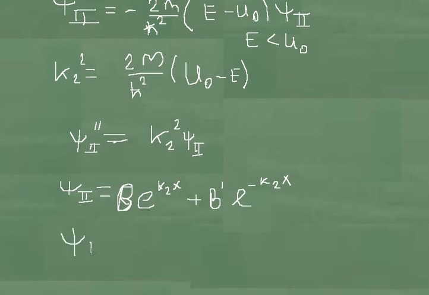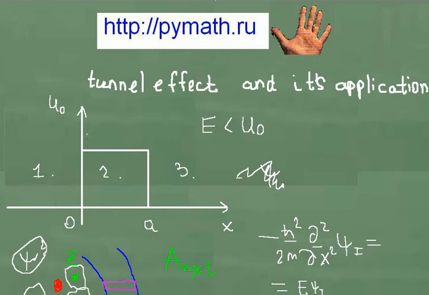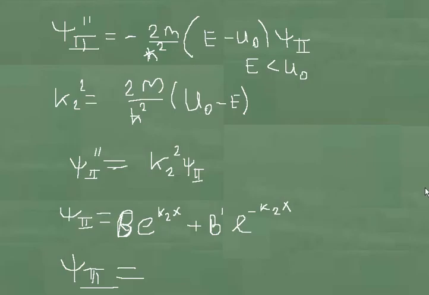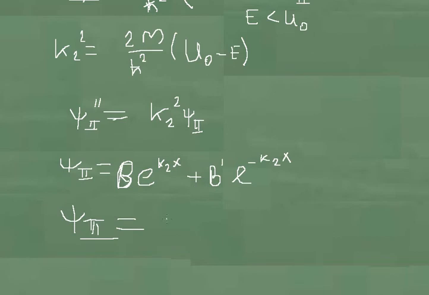We don't have any complex numbers. The function in the third area is absolutely the same as the first one. No fields here, no fields here, just some constants, C and C3.